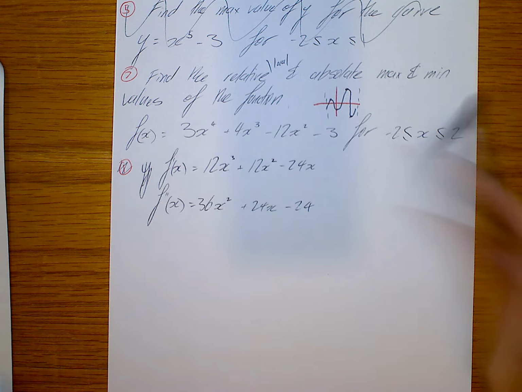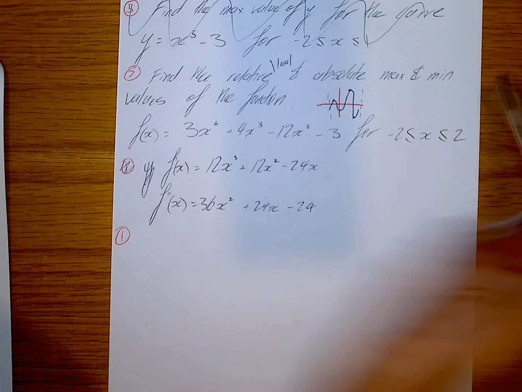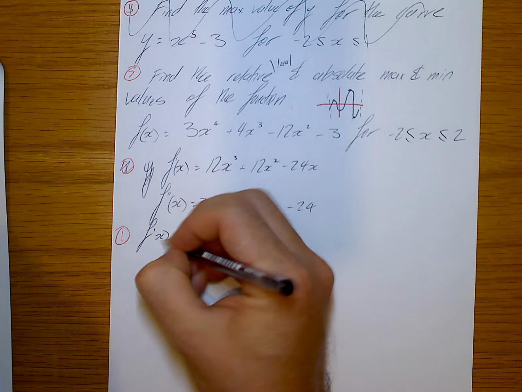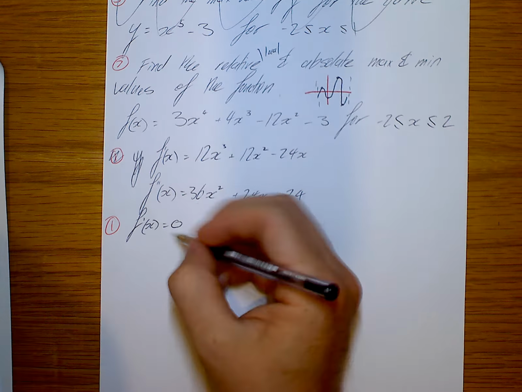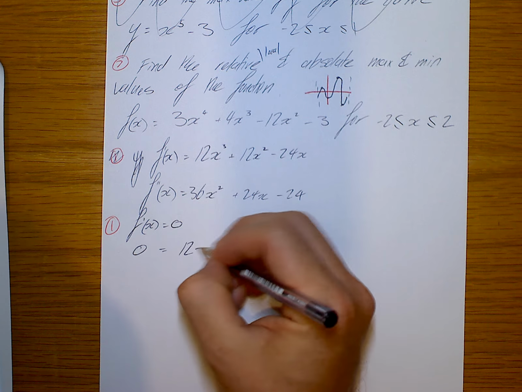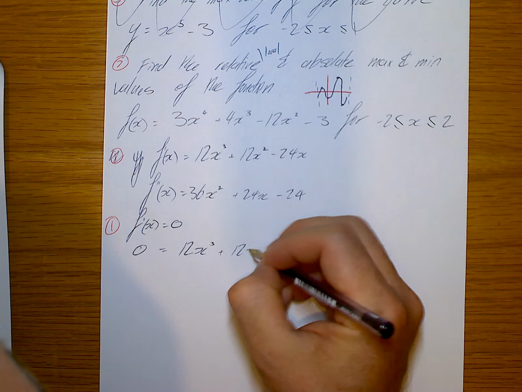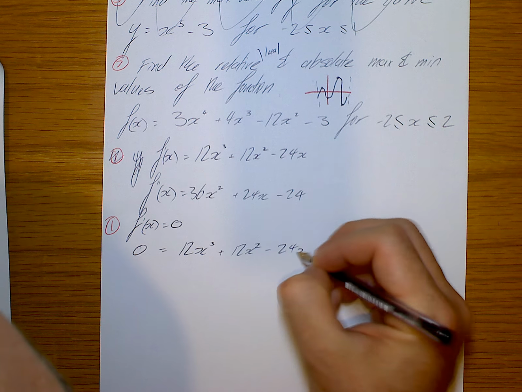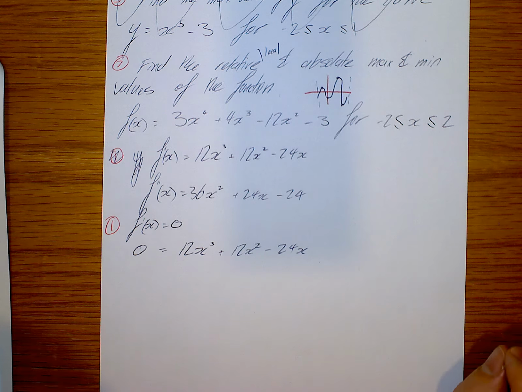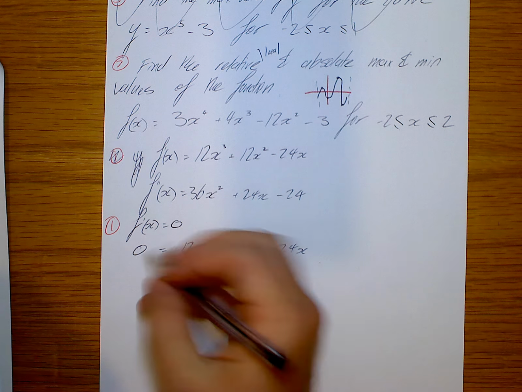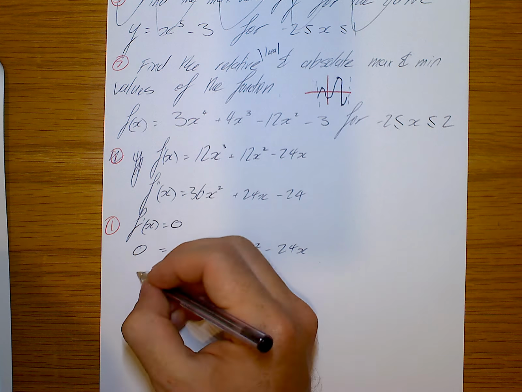Sorry, that isn't step 1. This is going to be step 1, which is make f dash x equal 0. So 0 equals 12x cubed plus 12x squared minus 24x. Okay, a few things. I'm going to divide everything by 12, and I'm going to put it in terms of x.